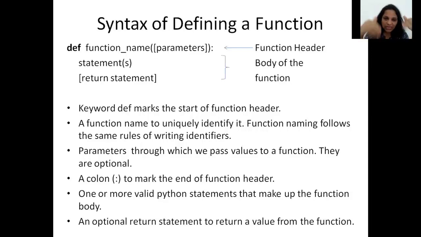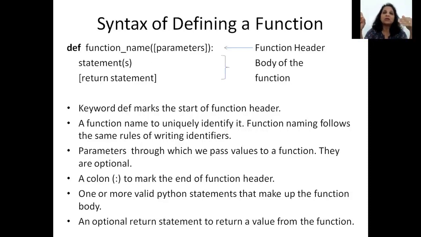Now, within the function, you will write the group of statements that is going to help you perform the task for this function. It could be a single statement, it could be multiple statements. But remember, these statements are indented. Only then does it mean they belong to this block called the function. The last line says return statement, and I've put it in square brackets.